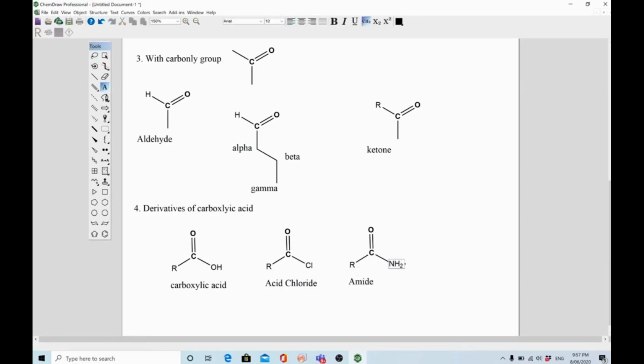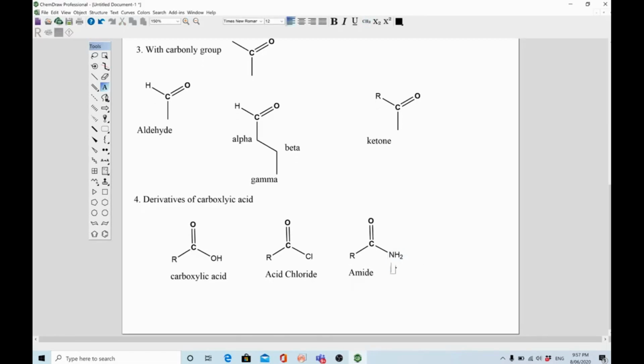If we replace the chlorine with NH2, we get an amide, and amides can be primary, secondary, and tertiary depending on the number of hydrogens attached to this nitrogen. The next functional group is esters. If we replace this NH2 with O and R, this becomes an ester. And next, oh, I'm running out of space.